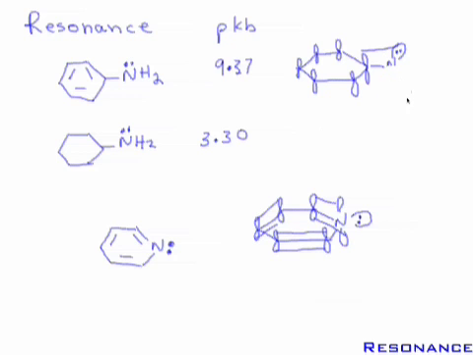Now it is possible for the NH2 to rehybridize and spend some time in an sp squared state. It will be high energy, temporary, and put a lone pair in that sp squared state. If it does that, you see how the orbital can side-to-side overlap and delocalize with the orbitals in the ring. This can't be done in the case of pyridine. So in pyridine, it was purely a hybridization mode. But in the case of aniline, aniline has a resonance effect, which lowers its basicity, increasing its pKb value.